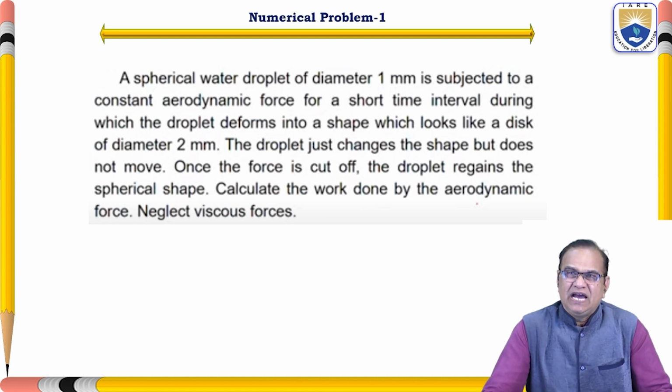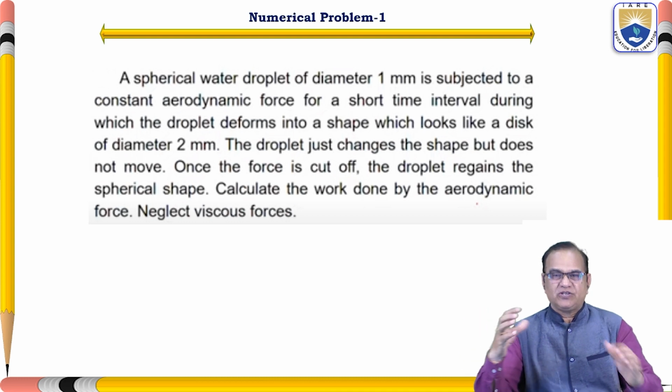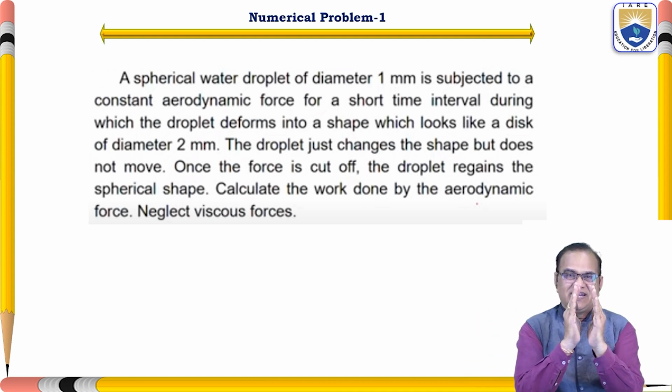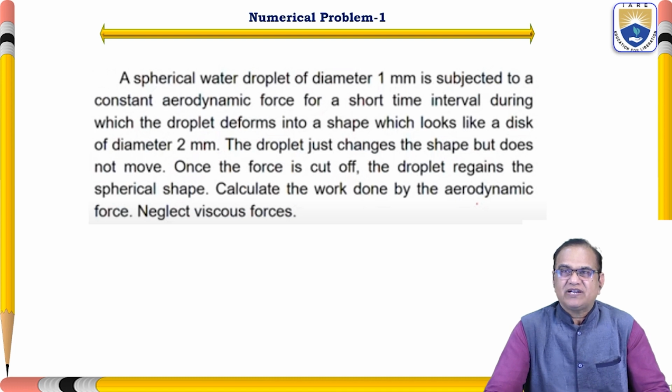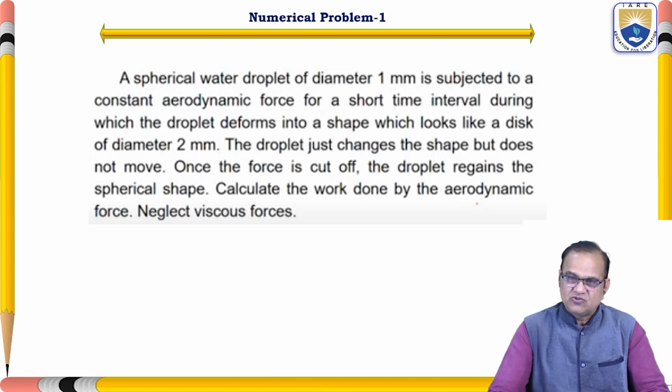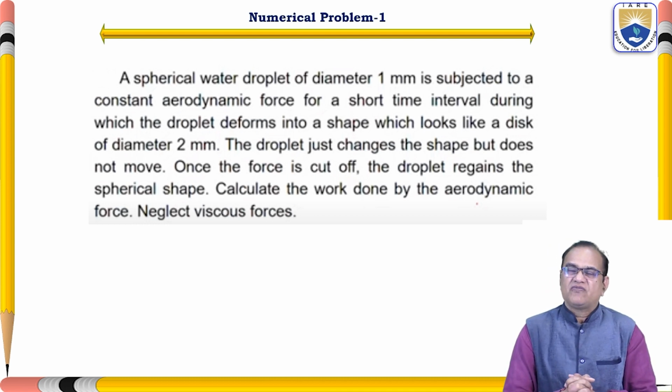Once the force is cut off, the droplet regains the spherical shape. So once you remove this aerodynamic force, it goes from cylindrical to spherical again. Calculate the work done by the aerodynamic force and neglect the viscous forces. So here we are not considering any viscous effect.